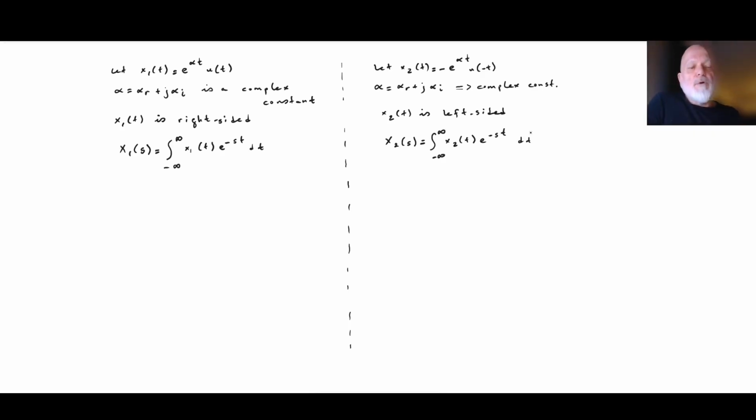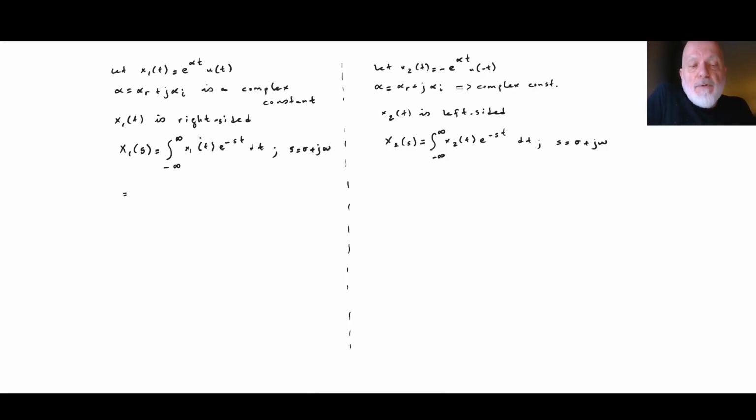Remember, s is the complex variable, s is sigma plus j omega. Sigma is the real part of s and omega is the imaginary part of s.